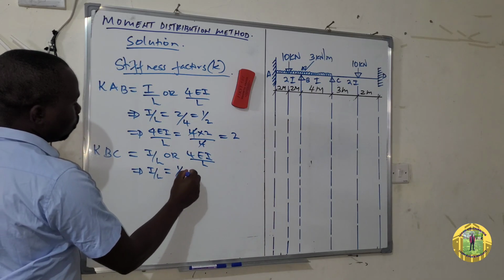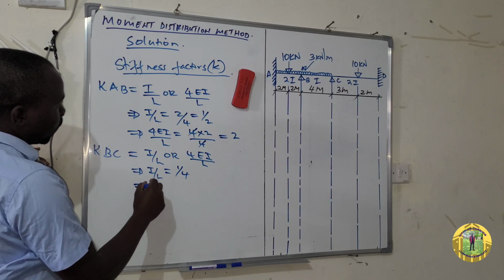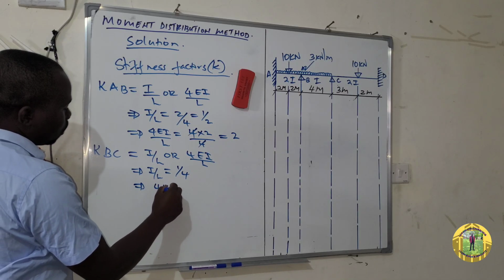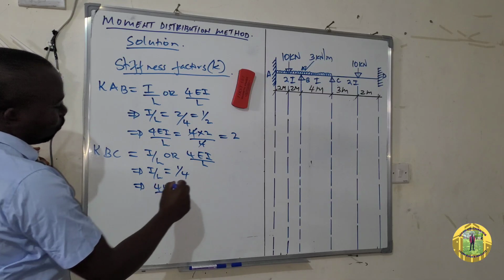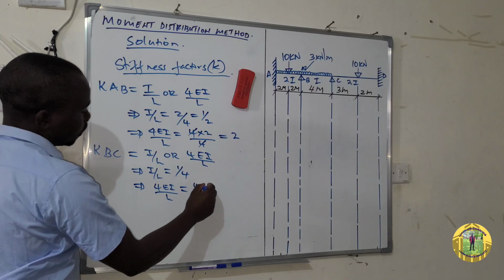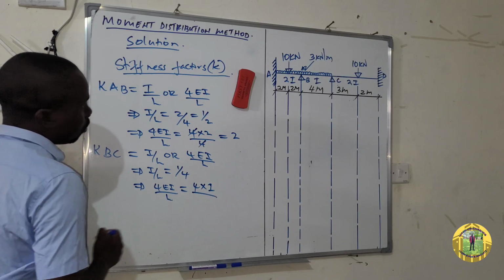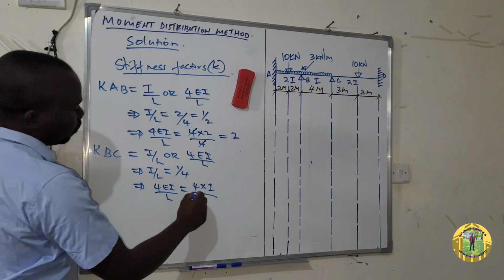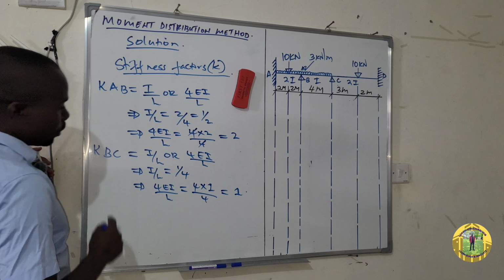So 1 over 4. And for 4 EI over L is equal to 4, E here is constant, times I is 1 all over L, L is 4. So this one is equal to 1.